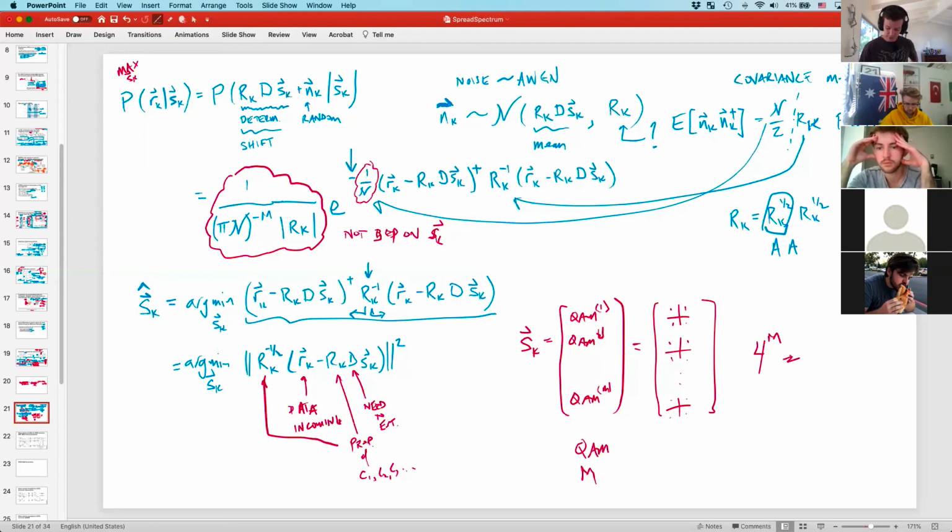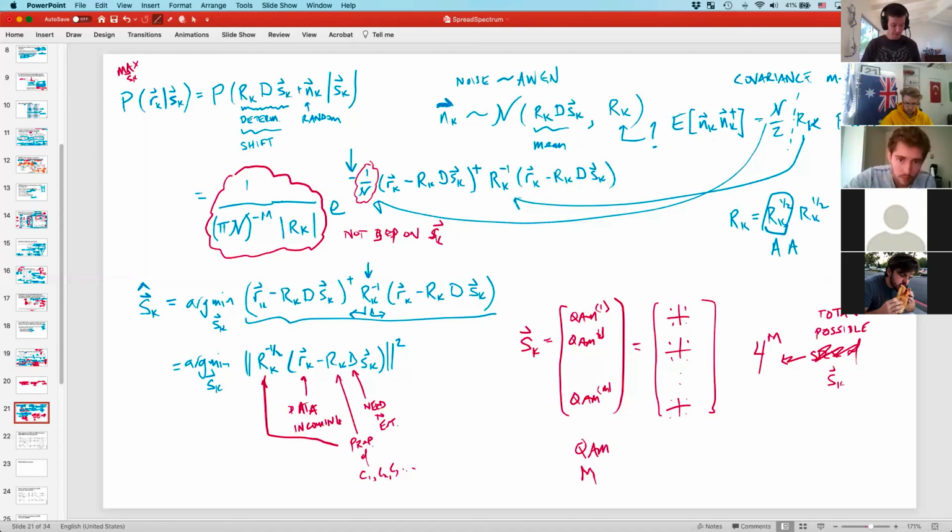So this is the size of the possible SK vectors. It's the total possible values SK can take.